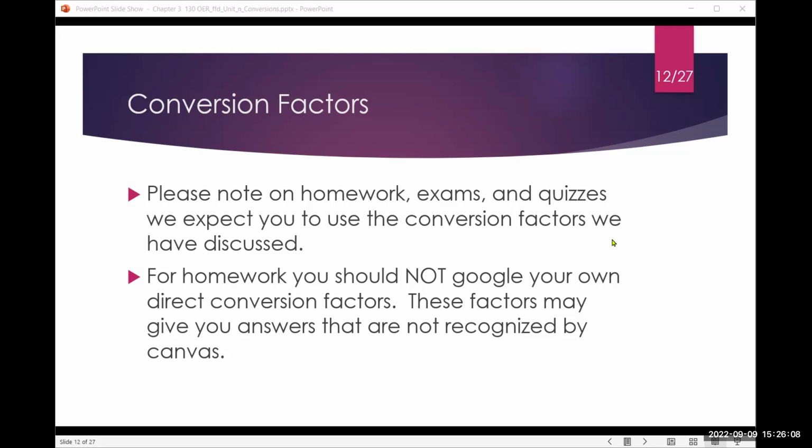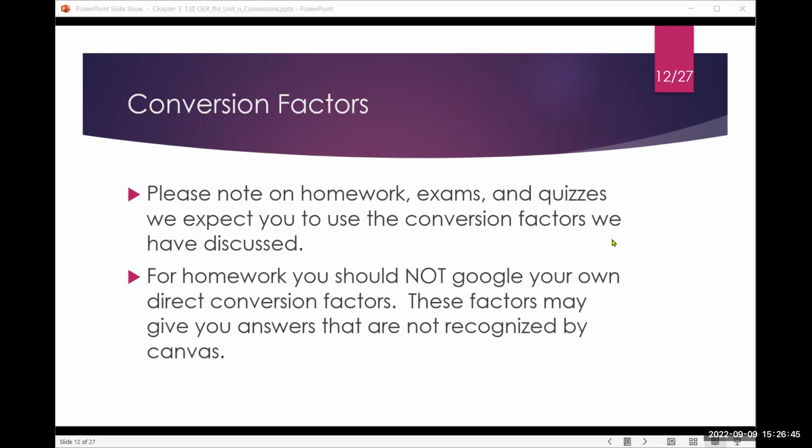Okay. That being said, if you think that your answer is correct and disagree with what Canvas says, shoot me an email, tell me what question, what assignment. I have no problem with going in there and checking it. Okay. Be careful when you input your answers, because Canvas will treat a space as a number. And if your answer is 2.0 and you type in 2.0 and inadvertently hit space, Canvas will treat it as incorrect.